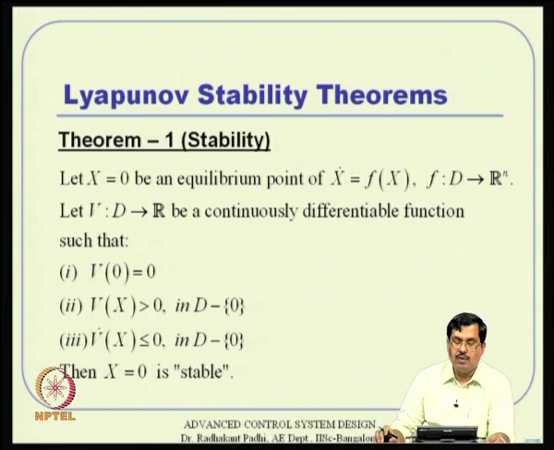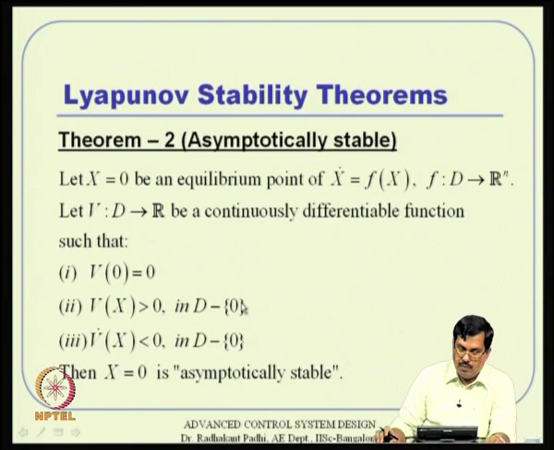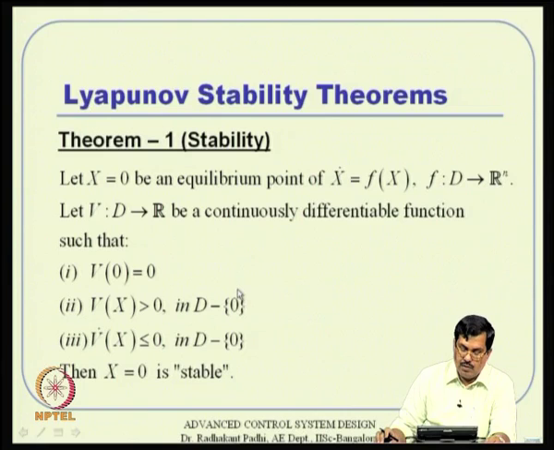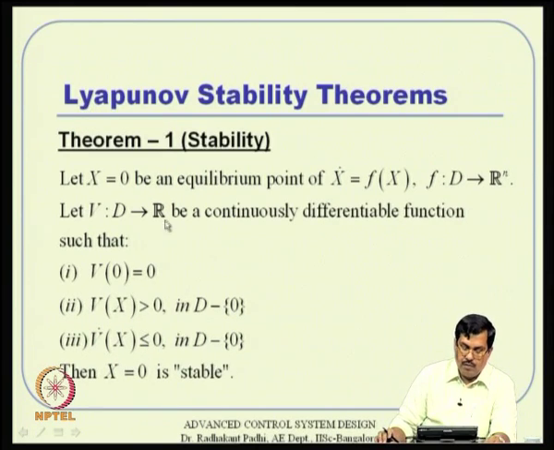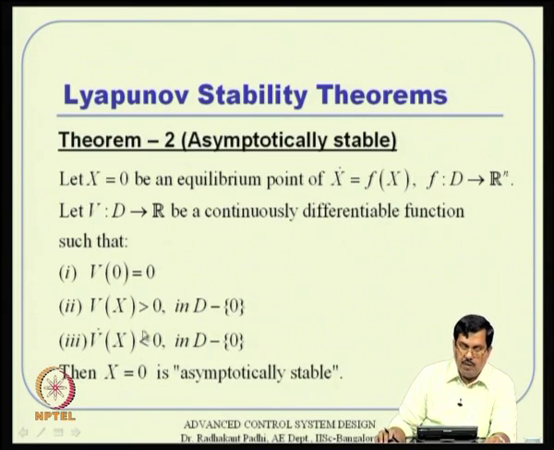We want to conclude further, and for that we have the asymptotically stable equilibrium condition. For that the only change is that this inequality becomes strictly less than 0. All other things remain exactly the same, but V dot needs to be a negative definite function.